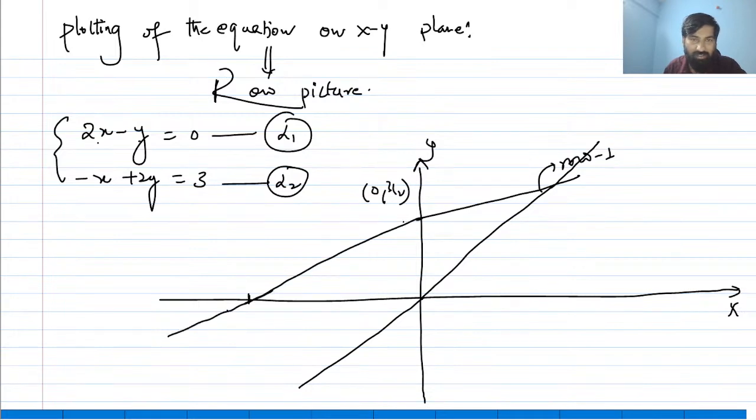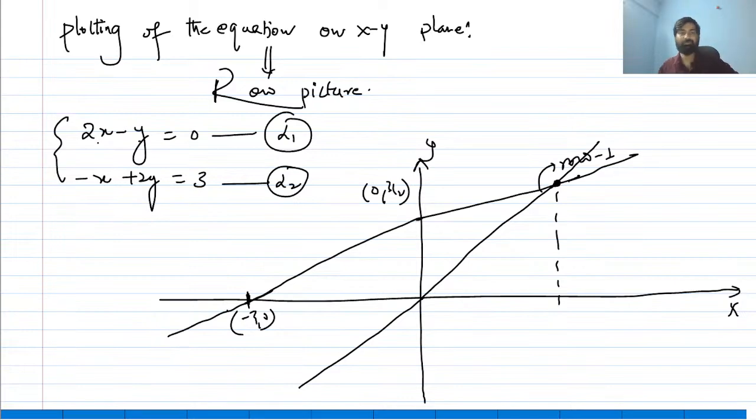You have to draw the straight line. Okay, this is the point minus 3 and 0. And this is a point where they are intersecting each other.